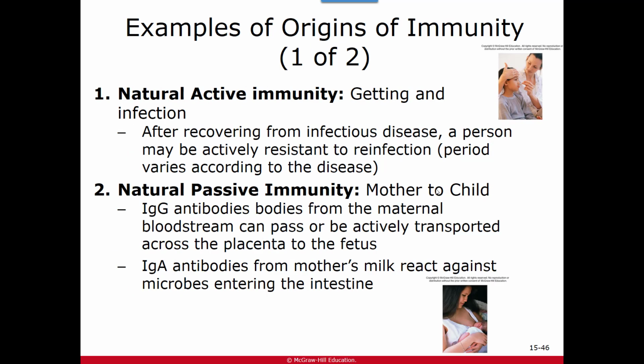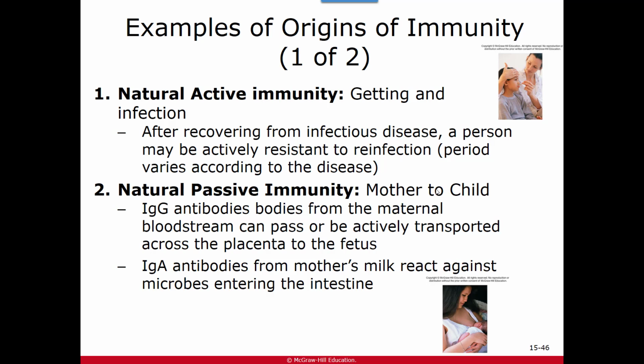We can put those words together, natural and artificial and active and passive, as just some examples of where we get all of our immunity. A natural active immunity is something you acquired in your daily life and you developed your own immune system response to it. So natural because you acquired it along your everyday life, and active because you made antibodies.